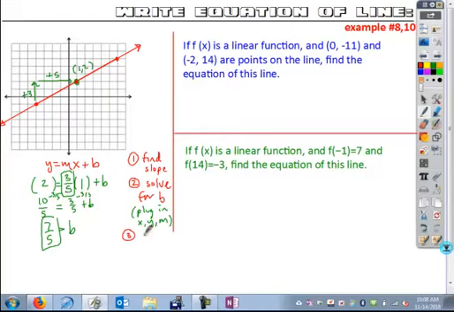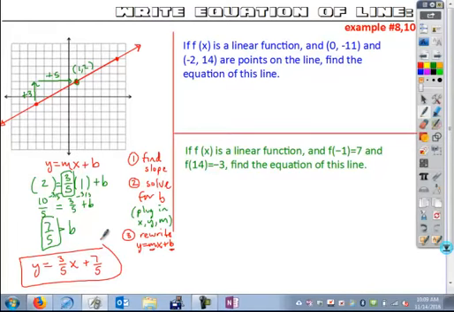And so the final step is you're going to rewrite y equals mx plus b and replace the m and the b. I know my m is 3/5, so my equation is y equals 3/5 x plus my b value, 7/5, and so that would be my final answer.